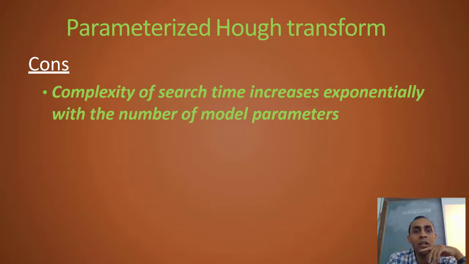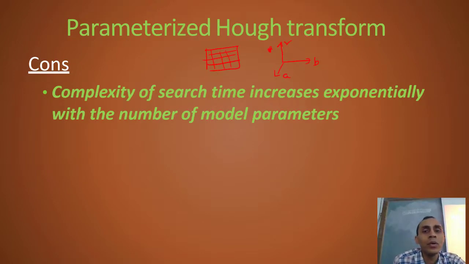But the problem with the Hough transform was that we needed to generate an accumulator array. For a single line, we just needed a two-dimensional matrix. For a circle, we actually needed a three-dimensional space: a, b, and the radius r, and so on.